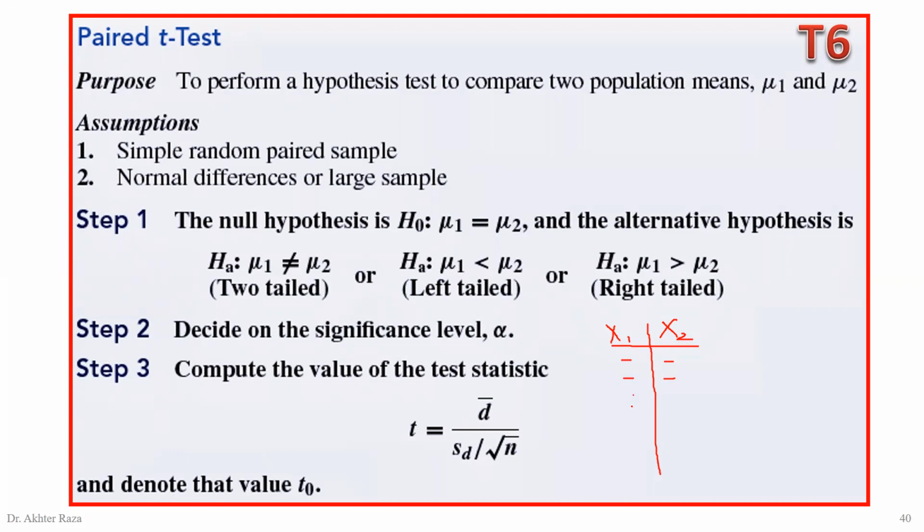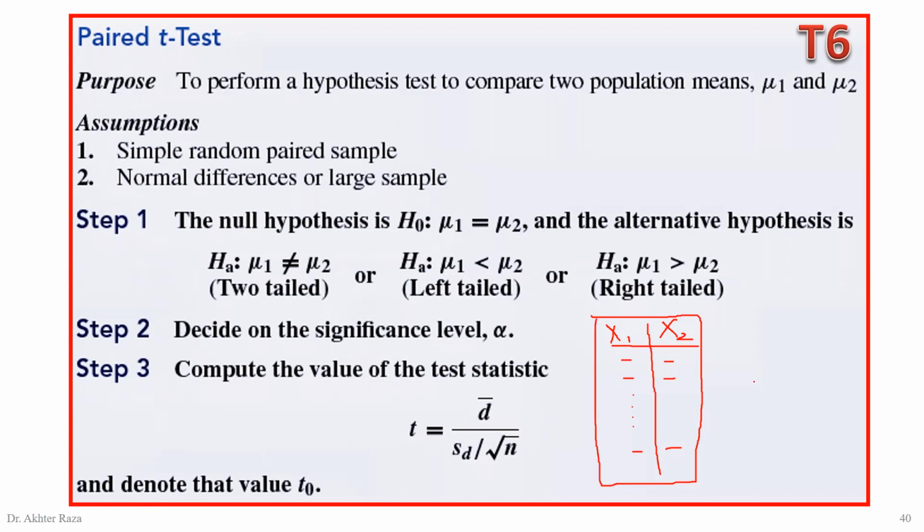And similarly, if suppose I have n number of participants, then the nth participant's weight at the time of joining the club, and the nth participant's weight after therapy. These types of observations are known as paired observations. What we are interested in is that the slimming center is claiming that the weight after 1 month therapy will be significantly smaller.